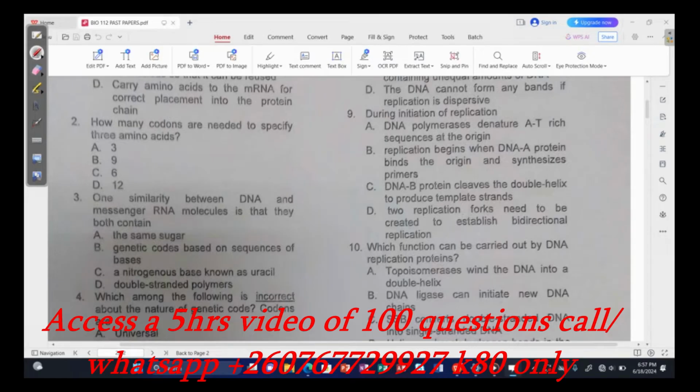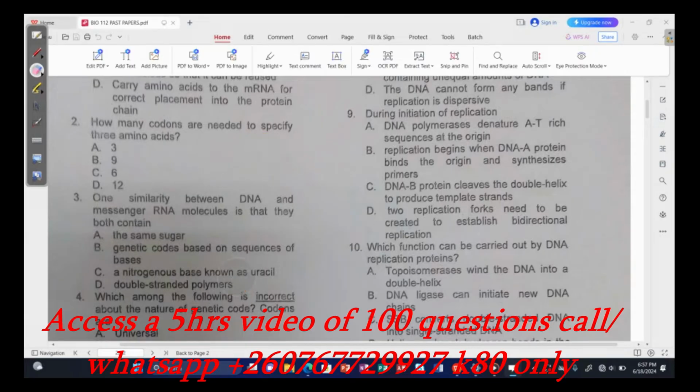This option will be somehow true, but it's not always, because messenger RNA can sometimes be a double-stranded molecule, but most of the time it's single-stranded. So if we go with option D as the correct answer, it would mean that mRNA is always double-stranded, just as DNA, which is not true. So this will be disqualified.